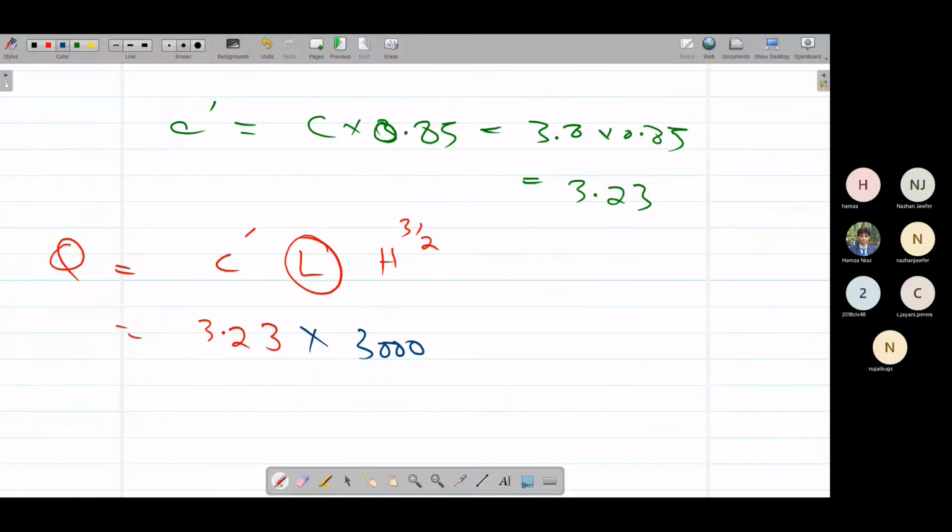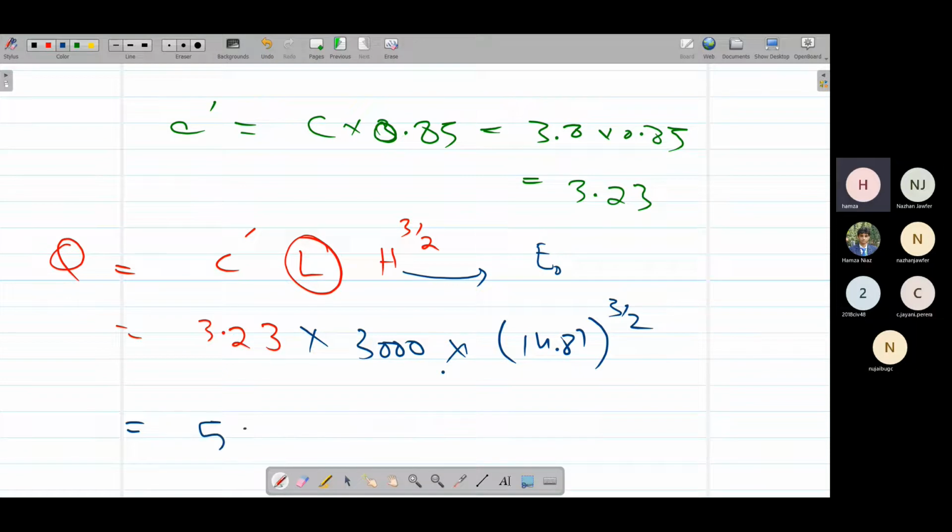So for 3000 feet times, and here we have H as E naught, the head above the weir crest, so 14.81 raised to the power 3 by 2. If we calculate this, we get 552,276 cubic feet per second. This is our discharge value.